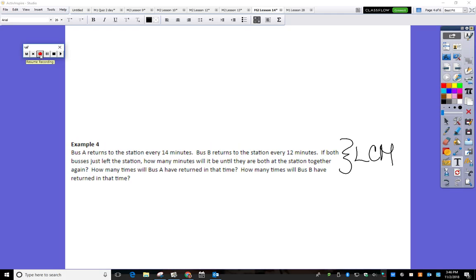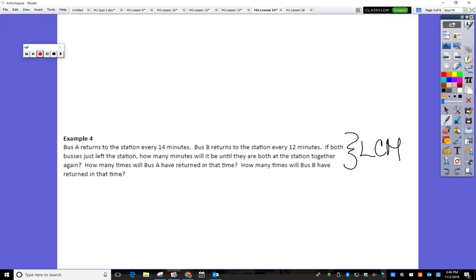So with this type of typical LCM problem, we are going to be taking the amount of time for bus A and the amount of time for bus B and finding the LCM of them. So 2 can go into both 14 and 12. 2 goes into 14 7 times and into 12 6 times.